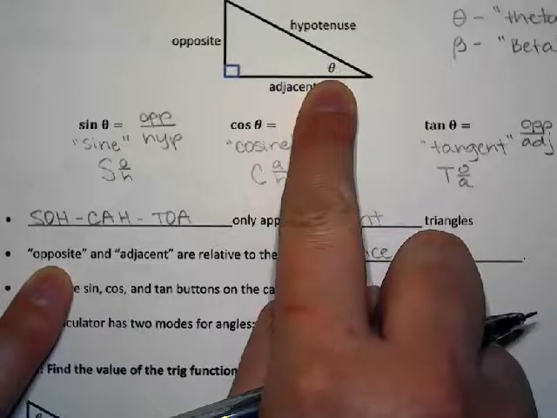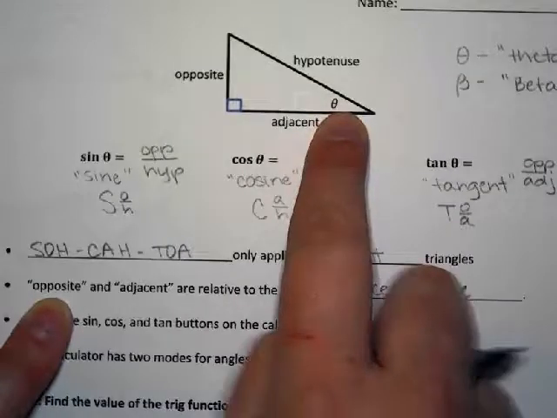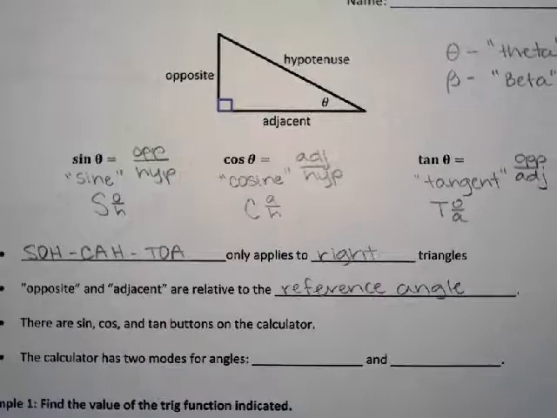Are you talking about this angle or are you talking about that angle? Because if you switch the angle that you're talking about, then the opposite side is going to switch, and the adjacent side is going to switch. The hypotenuse is always the hypotenuse, but the opposite side and the adjacent side are labeled based on the angle that you're talking about. So they will switch labels depending on the angle, okay?